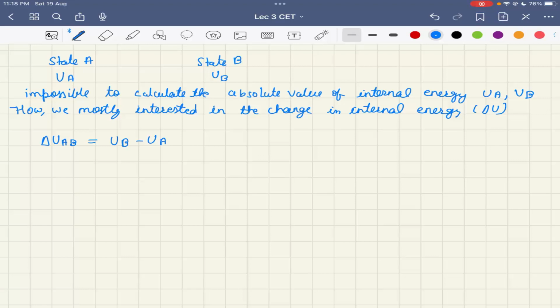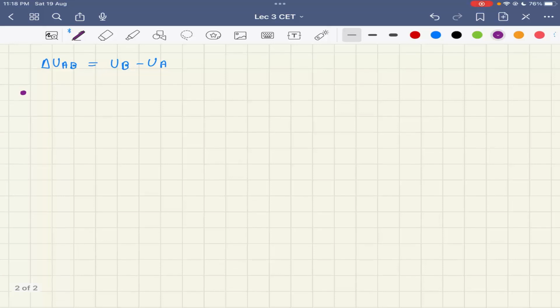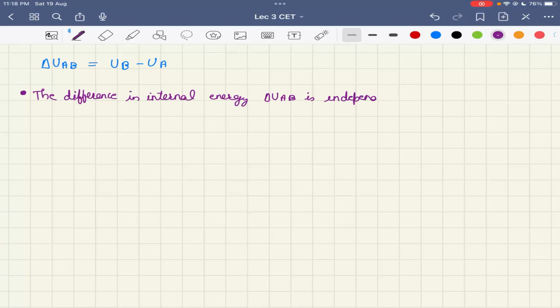Now, why is that? Because internal energy is a state function, right? So let us write this down. The difference in internal energy delta UAB is independent of the path taken between two states A and B.